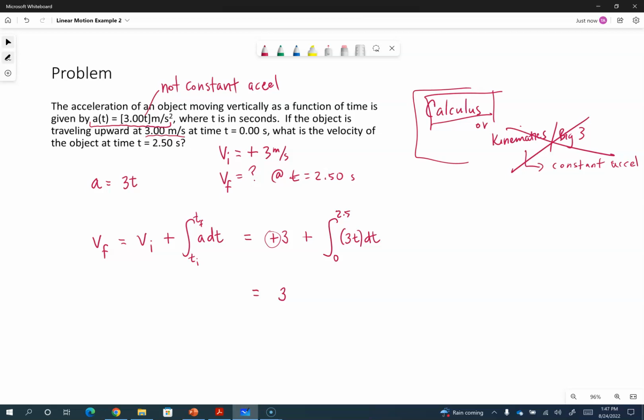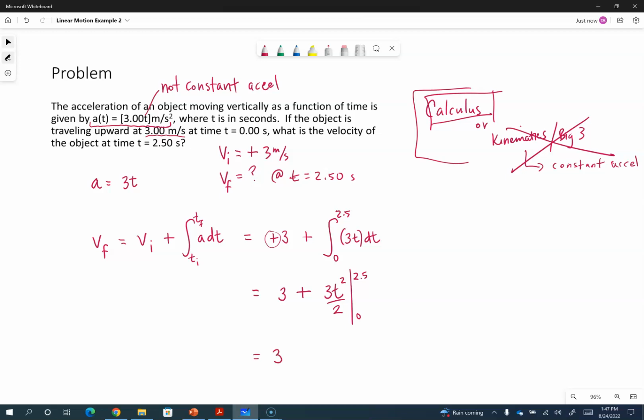So the 3 is the initial velocity. The integral of 3t is going to give us 3t squared over 2. And we need to evaluate that between an initial time of 0 and a final time of 2.5 seconds.